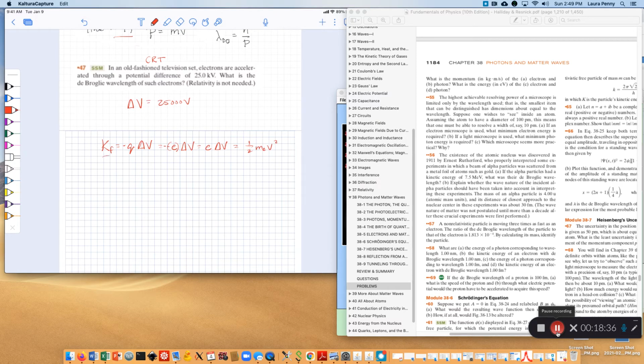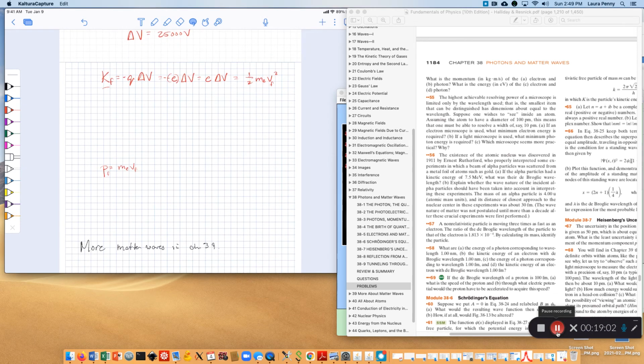This is the kinetic energy, their final speed squared times the mass times 1/2. And so we can get the momentum once we know that final speed. So we're going to use these top equations to determine the final speed, and then we'll use that to get the momentum, and then finally the wavelength is h over p.